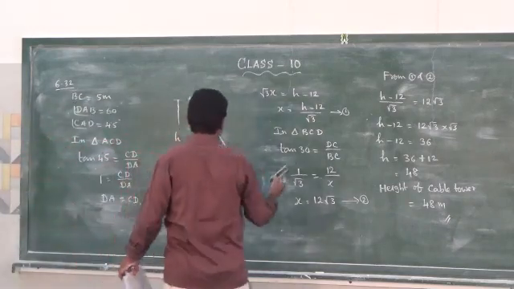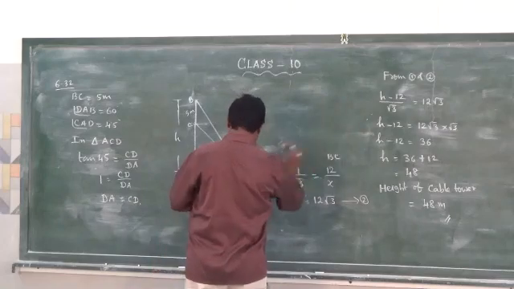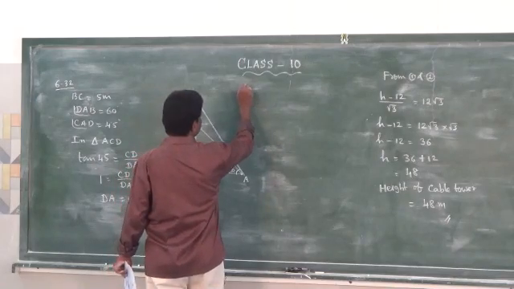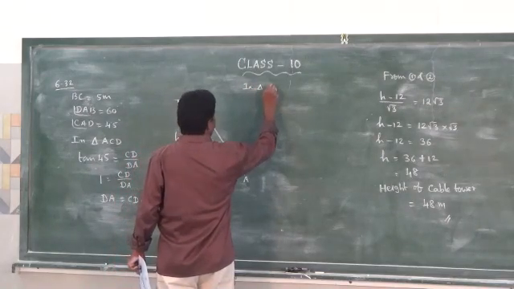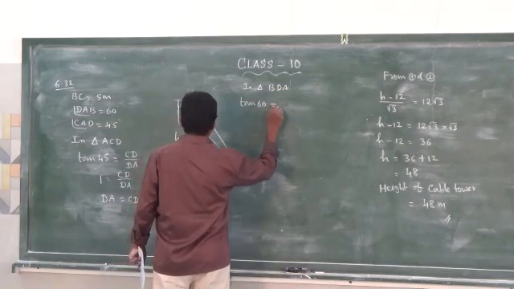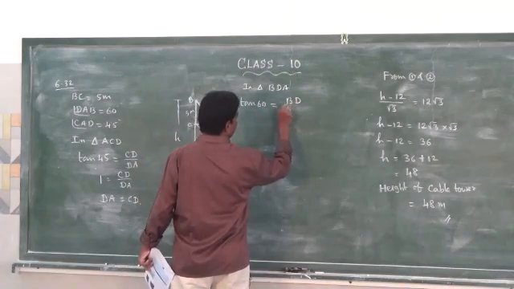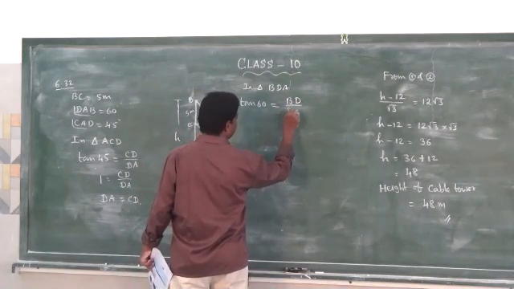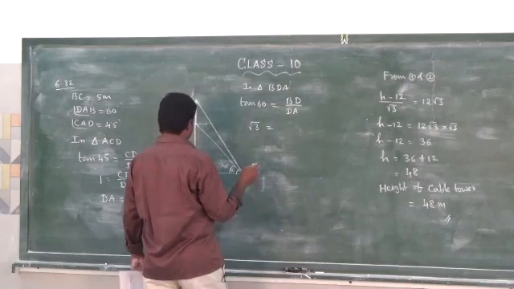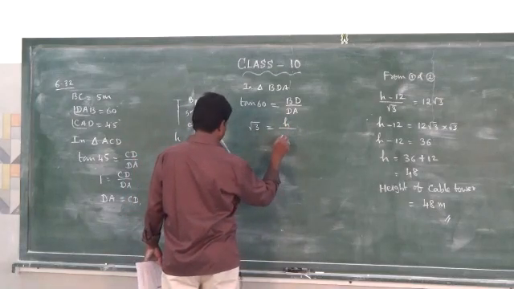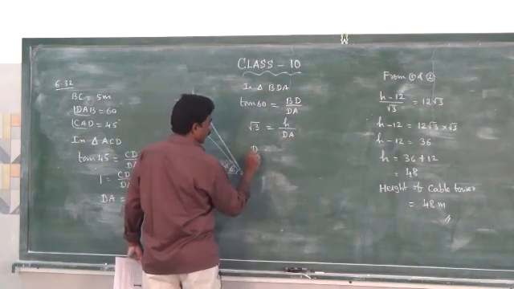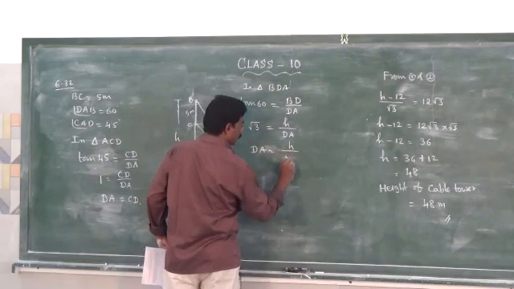Now in triangle BAD, tan 60 is equal to opposite BD by adjacent is AD. BD, that is what you have to find, that is H. So when you cross multiply, DA is equal to h by root 3.